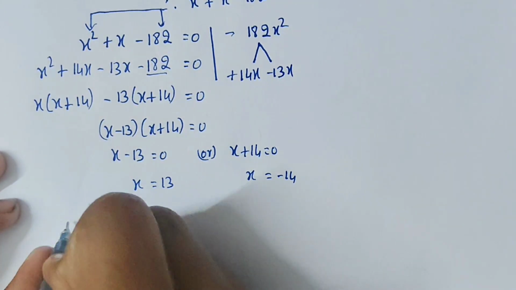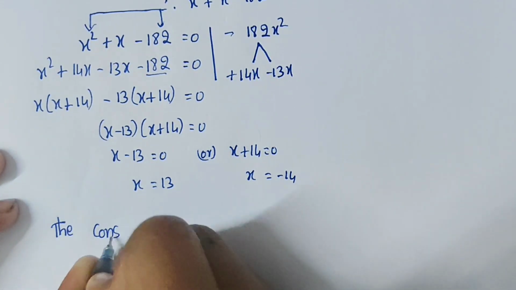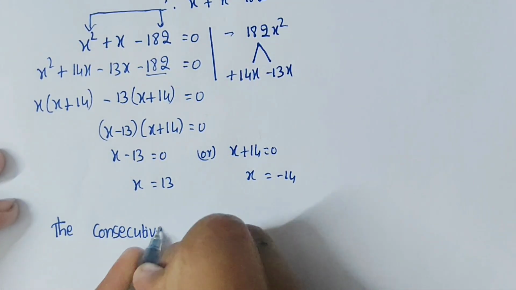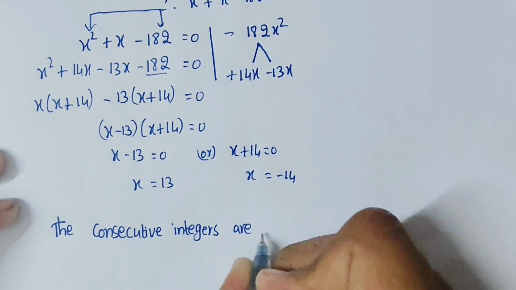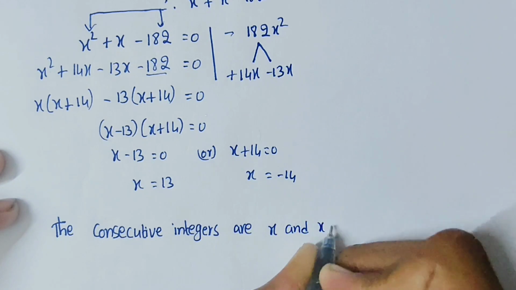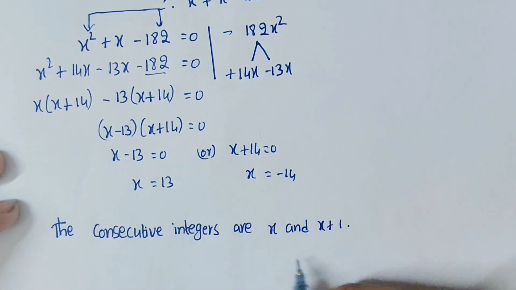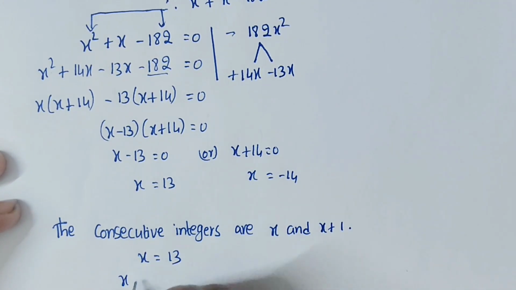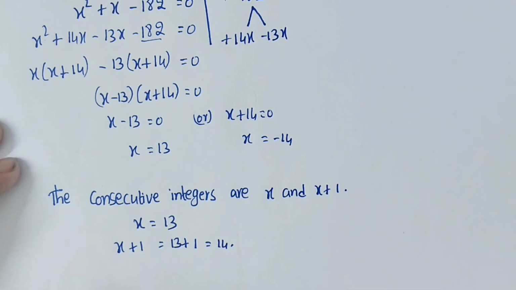So now the consecutive integers are x and x plus 1. What is the value of x? 13. So the value of x is 13. x plus 1 is 13 plus 1 equals 14. x is 13 and x plus 1 is 14.